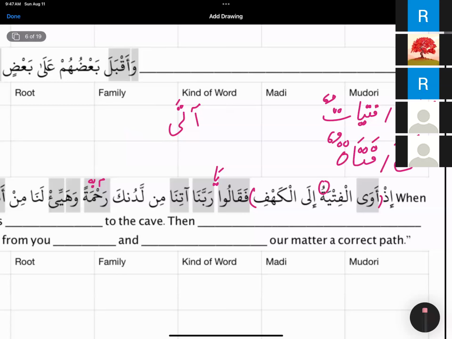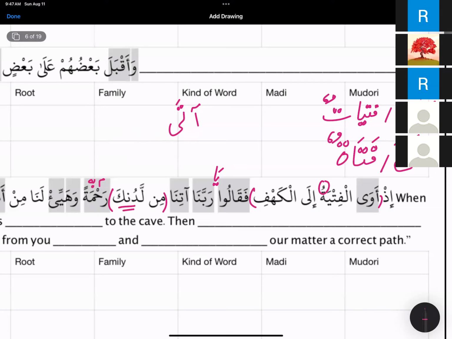So Atina, you gave us, you bless us, Milladunka, especially from you, Rahmatan. Right? So now what is Milladunka? Jar, Idafa with jar. Jar to majroor and Idafa fragment. And that is basically especially from you, referring to Allah subhanahu wa ta'ala.